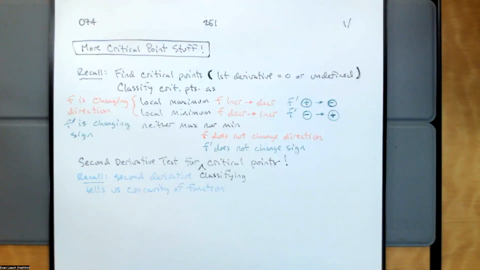So if the second derivative is positive at a point, then the function is concave up at that point. If the second derivative is negative at a point, then the function is concave down at that point. And what we can do is apply this to critical points.